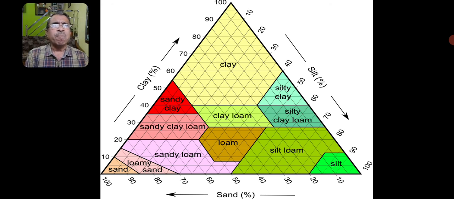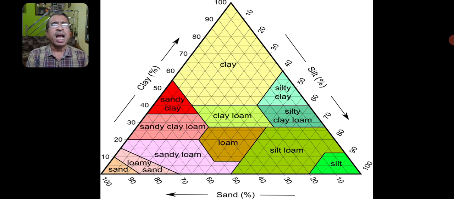Coming to one example, the sand, which is at the extreme left, contains more than 90% sand and around 10% clay. If I take silt, which is at the extreme right, it contains about 20% sand and around 85 to 90% silt. So this is how we can measure.